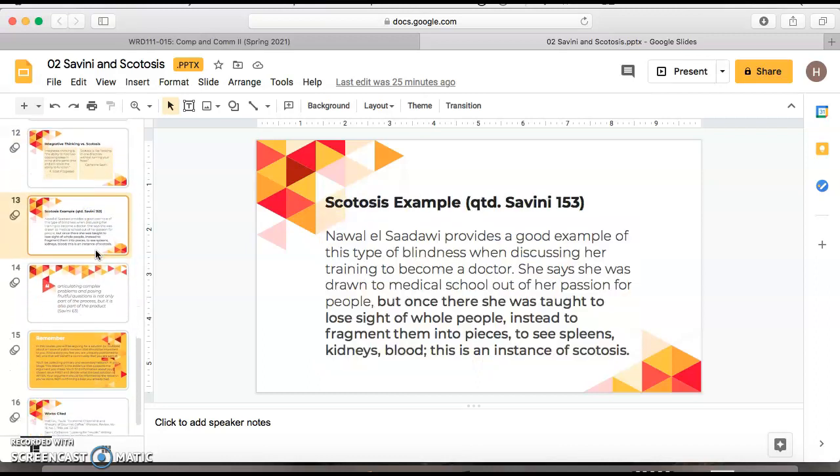And then this is an example Savini gives about schizosis, where this type of blindness was seen in training to become a doctor and losing sight of a whole person and just seeing them as pieces of a person that need to be fixed, rather than operating from the viewpoint of, well, this is a whole entire person I need to be treating as a doctor.